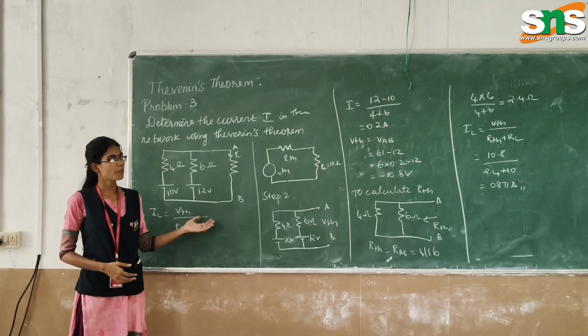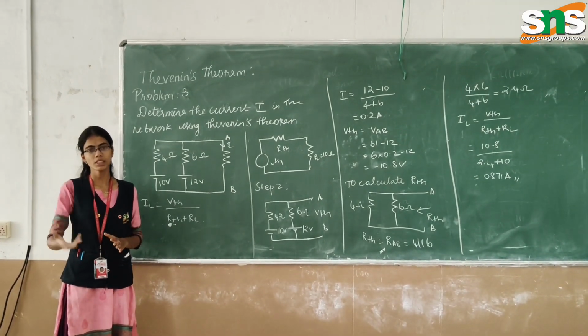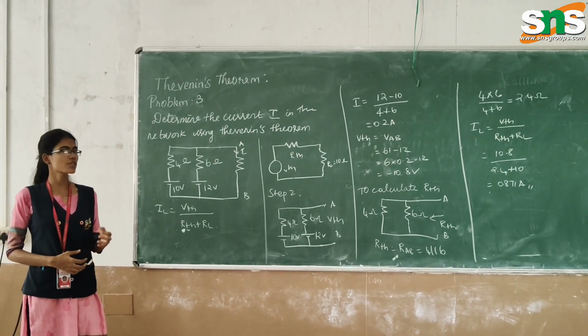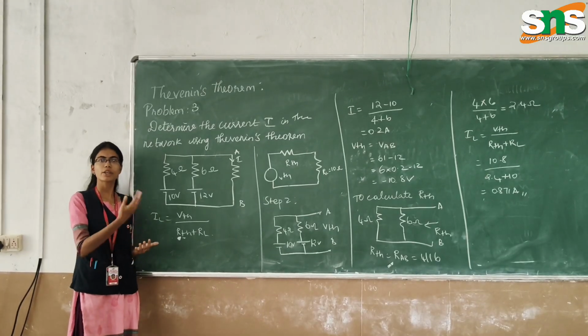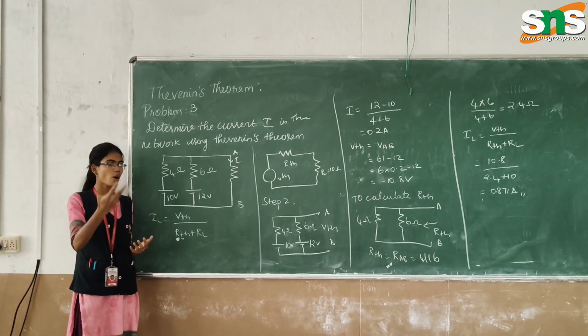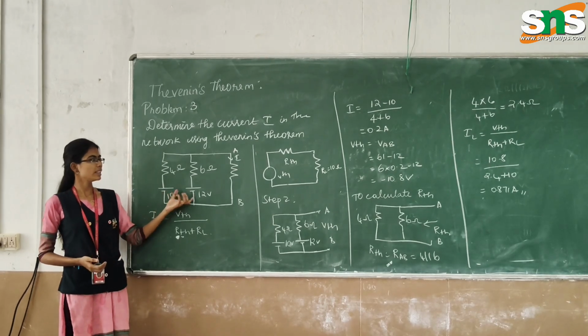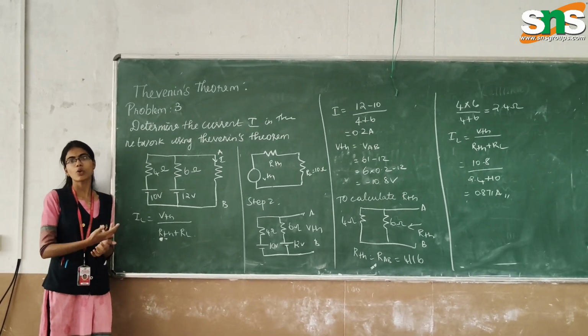So in preparing for Thevenin's theorem, we have to be clear about KVL. KVL is nothing but Kirchhoff's voltage law. Using Kirchhoff's voltage law, we find the voltage and current values by using Cramer's rule, by forming 3 by 3 or 2 by 2 matrices. Here we are short circuiting, open circuiting and removing the load resistance.